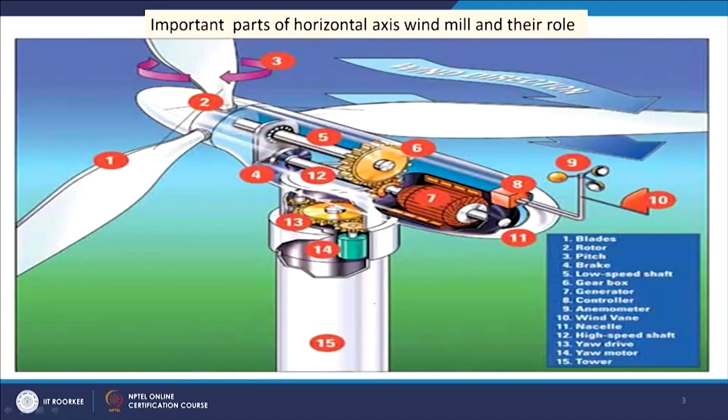Now we will see the important parts of horizontal axis windmill and their role. So, this slide shows us some example of horizontal axis windmill. And different parts we see here: one, that is blades, 2 is our rotor, 3 is the pitch, and 4 is our brake.